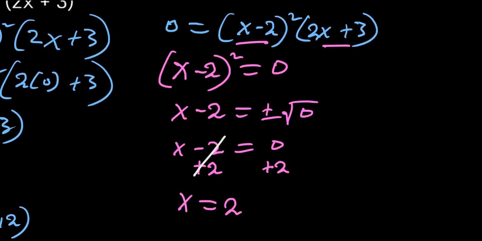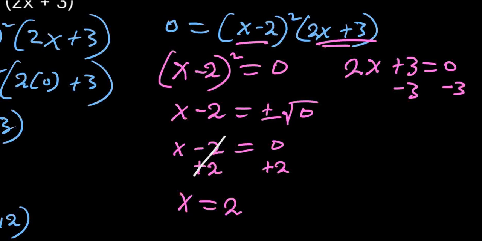Next, we have to write 2x plus 3 is equal to 0. So we can subtract 3 from both sides. And if you do that, plus 3 minus 3 is 0. And 2x will be equal to 0 minus 3, and that gives you negative 3. So now divide both sides by 2.